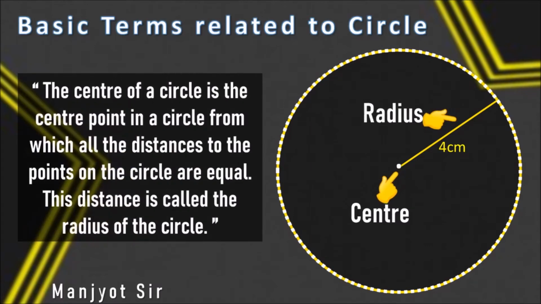So that means the center of the circle is the point from which all distances to the points on the circle are equal, and this distance which we drew just now is called the radius. That means the fixed point from which you are drawing infinite points is called the center, and this fixed distance is called the radius. So these are two important terms related to the circle: one is center and the other is radius.